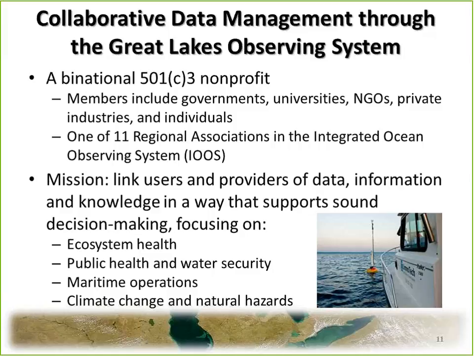Its mission is to link users and providers of data, information and knowledge in a way that supports sound decision-making, something that I know there's a yearning for in California to make things work better. Its focuses are on ecosystem health, public health and water security, maritime operations, which are important in the Great Lakes, and climate change and natural hazards.